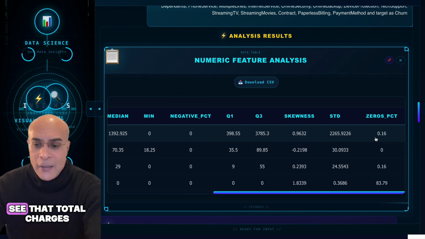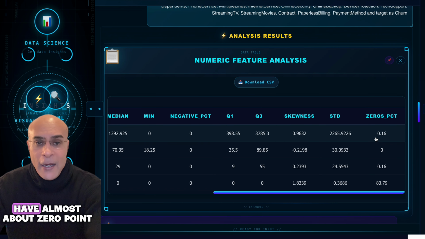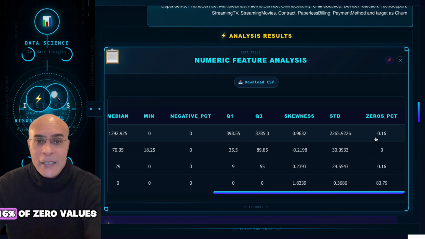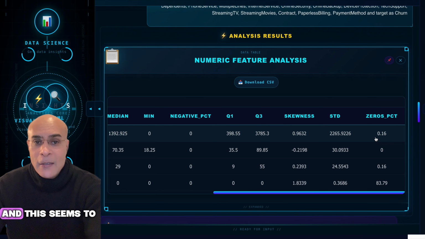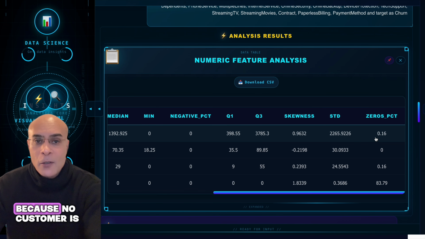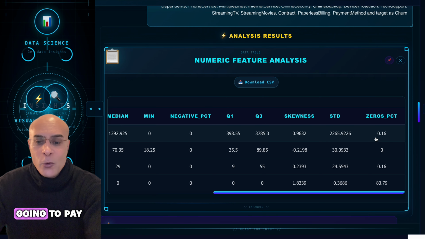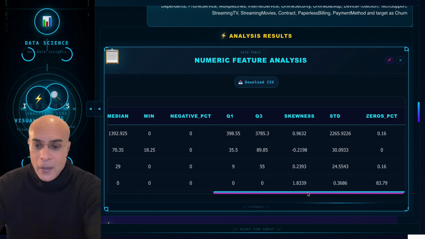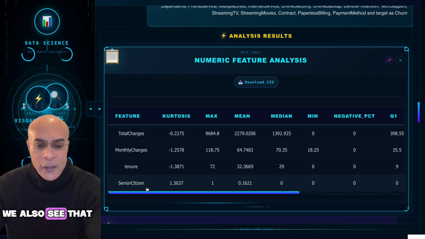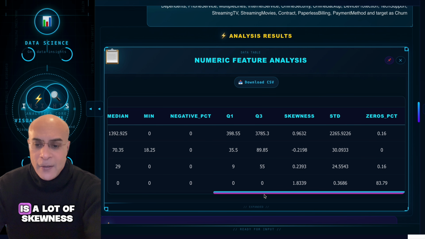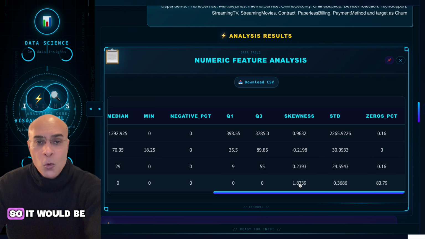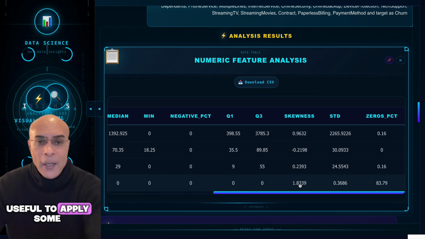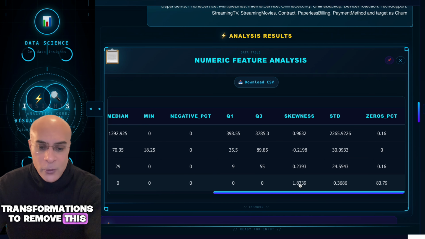Here you can see that total charges have almost about 0.16% of 0 values, and this seems to be an outlier because no customer is going to pay 0 charges to the telecommunication company. In addition, we also see that for senior citizenship there is a lot of skewness, so it would be useful to apply some transformations to remove this skew.